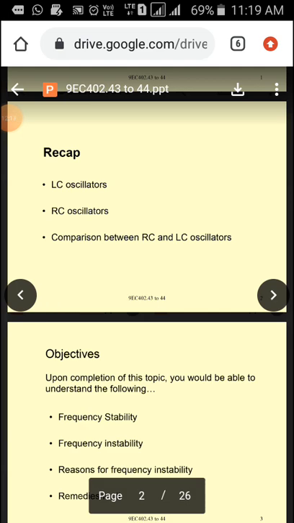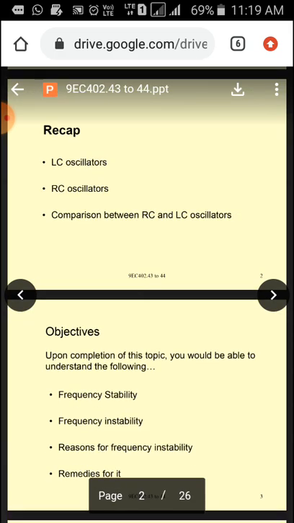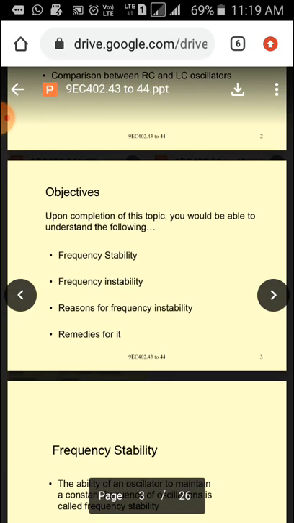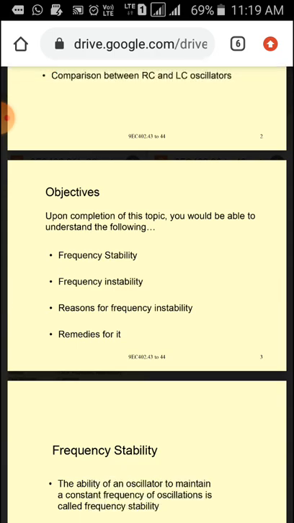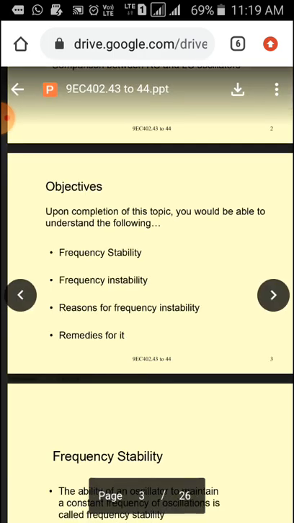And continuing again, recap: LC oscillators, RC oscillators, comparison between RC and LC oscillators. So what do we do here? Objectives.